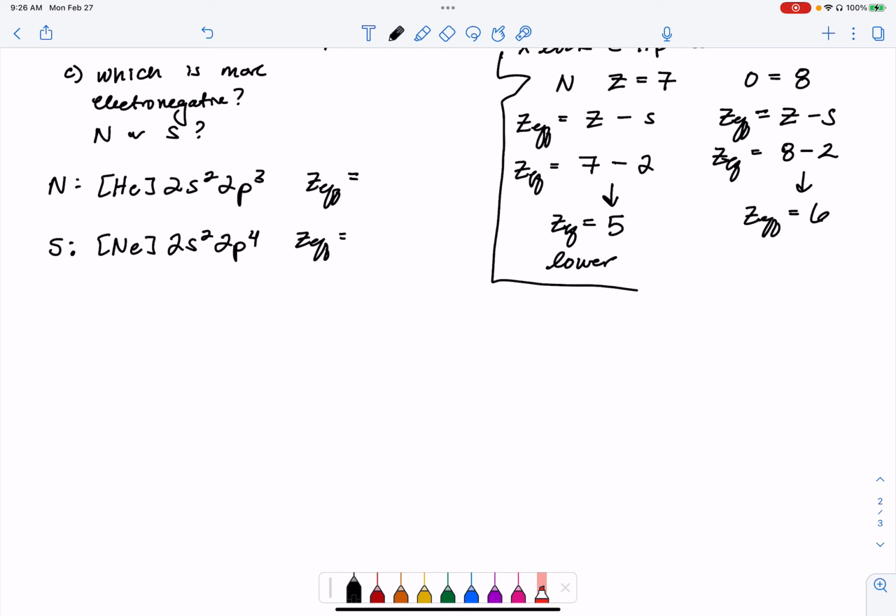So my effective nuclear charge for nitrogen, remember these are all our valence. So I'm going to have for nitrogen, this had 7 protons. Subtract from that again, it's 2, which gives us an effective nuclear charge of 5.